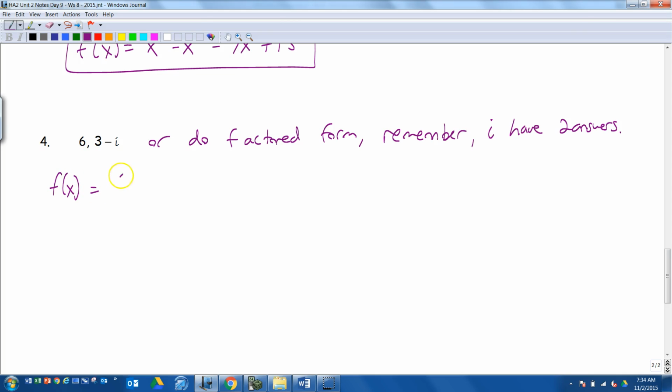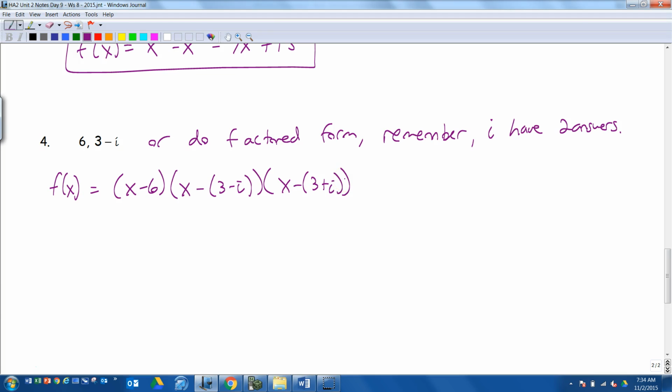This became x minus 6, or comes from x minus 6. This comes from x plus 3 minus i. No, that's not true. I don't know why I said plus. x minus 3 minus i. That's one of our zeros. And the other zero is x minus 3 plus i, the conjugate.